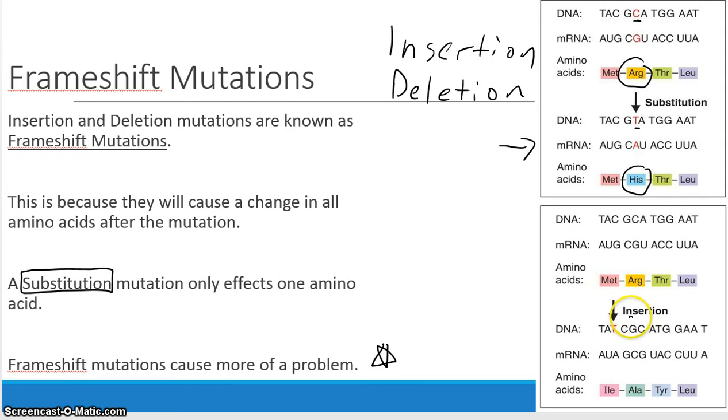Whereas down here, this is an example of an insertion. Here we've inserted this one extra nucleotide, which will then change every single codon, which will in turn change every single amino acid after it. So that is an example of a frameshift mutation, and that's kind of a big deal.